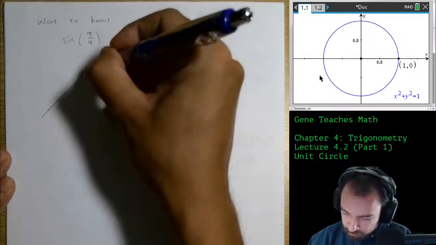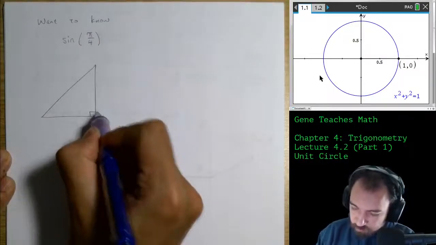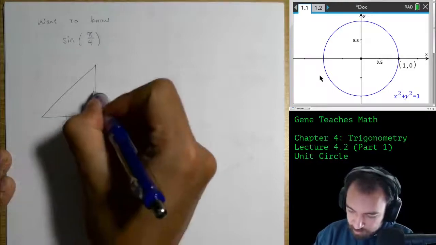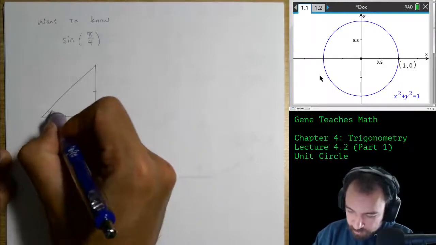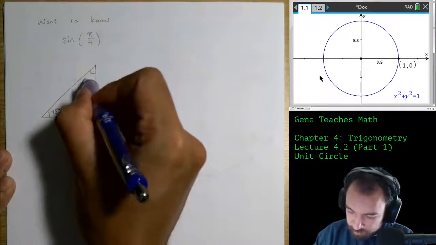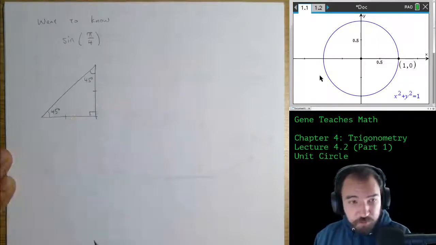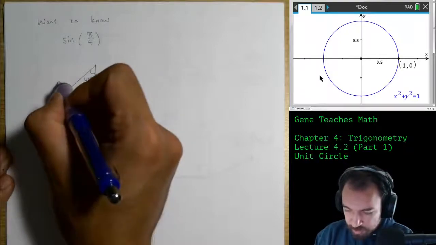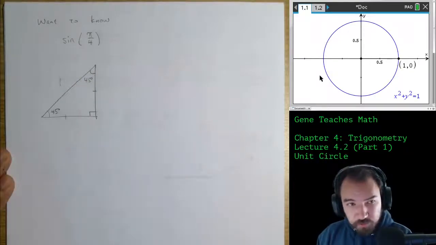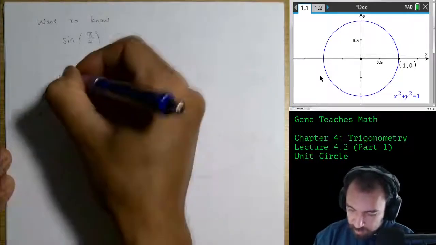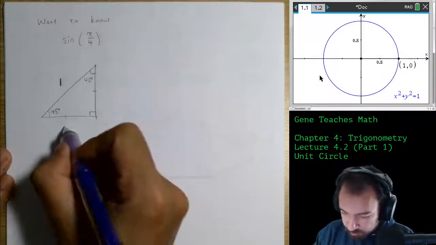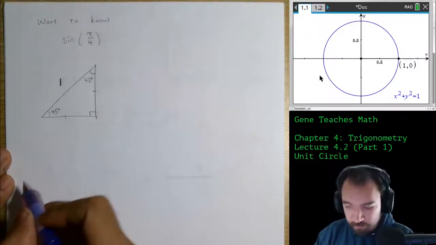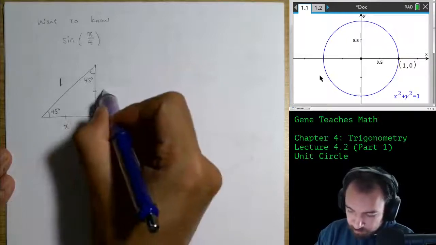So the first special triangle is the isosceles right triangle. Isosceles means these 2 sides are the same, which forces these angles to both be 45 degrees in order for the angles to add up to 180 degrees. And so we're going to let the hypotenuse equal 1, for reasons. If we let the hypotenuse equal 1, then we know this side and this side are both the same value. Perhaps I will assign both of them to x.